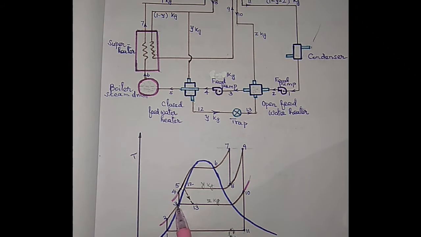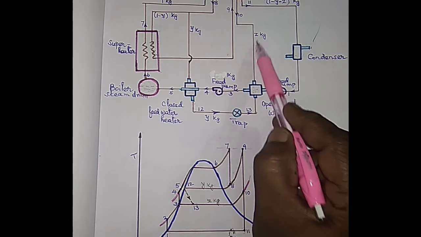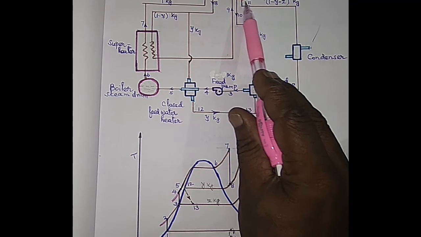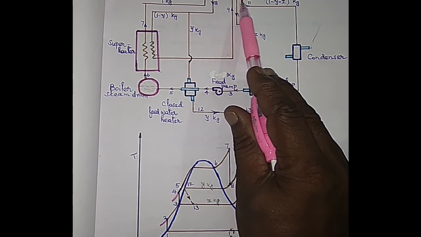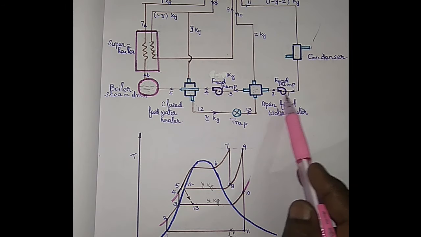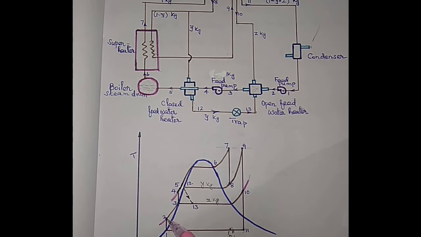Afterwards, this and this get mixed up because it is an open feed water heater. And from 10 to 11, see already 1 minus Y kilogram entered here, Z kilogram gone here. So 10 to 11 is 1 minus Y minus Z kilogram expansion in some more stages, and it's coming out. This is the condenser. And from 1 to 2, the feed pump increases the pressure, and this is a constant pressure line.